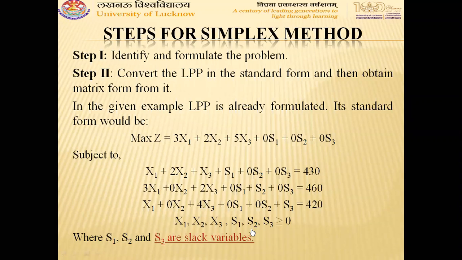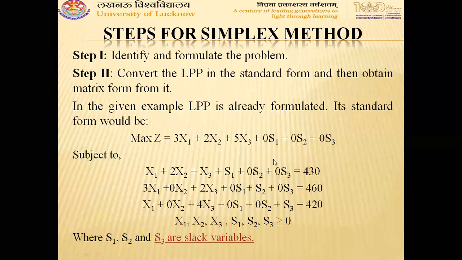Second step is to convert the linear programming problem into the standard form and then convert it into the matrix form. So for that, I have converted the example into the standard form. And the method was already discussed when I taught the different forms of the linear programming problem. So the standard form is maximization of z = 3x1 + 2x2 + 5x3 + 0s1 + 0s2 + 0s3.